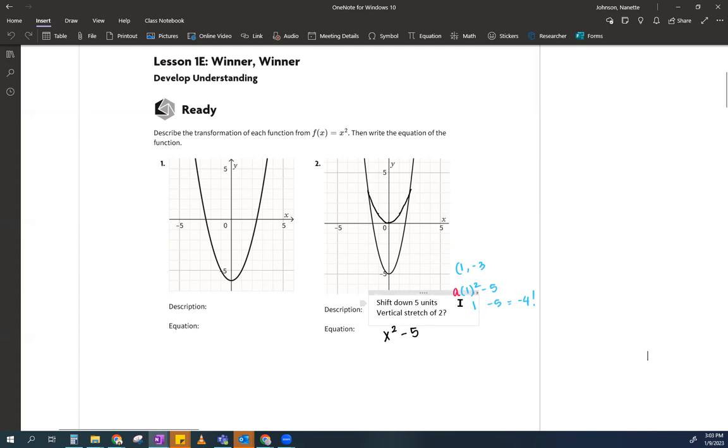So now I'm going to plug in this A. I'm going to set it equal to -3 because that's what I want to find. So I'm going to cross out this work. Now I get A minus 5 equals -3. And if you solve that, you get A equals 2, which means that I was right. That is a vertical stretch of 2.